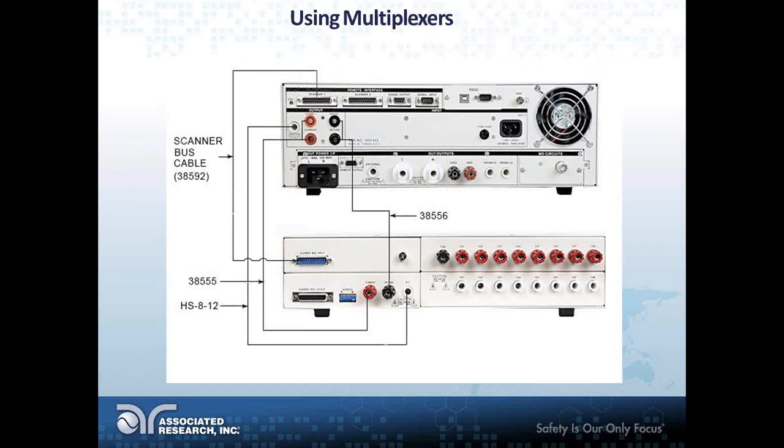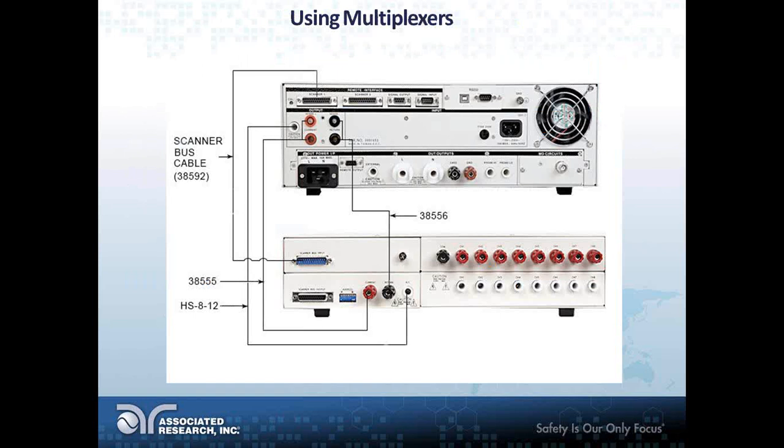This is why models like the Associated Research SC6540 can be configured to work with a PC and any number of automation interfaces, which includes GPIB, RS-232, and USB, which we'll talk about more once we move towards talking about automation.